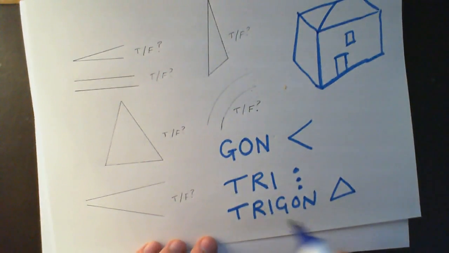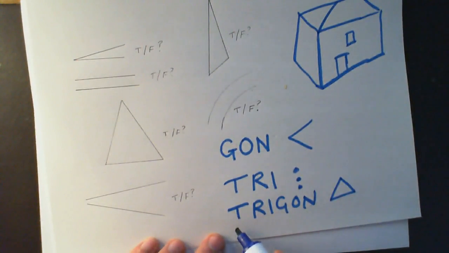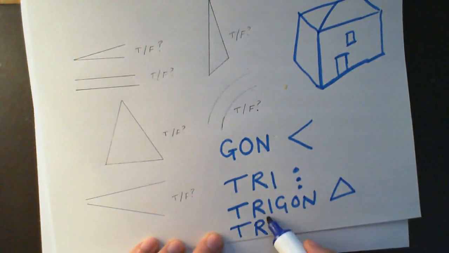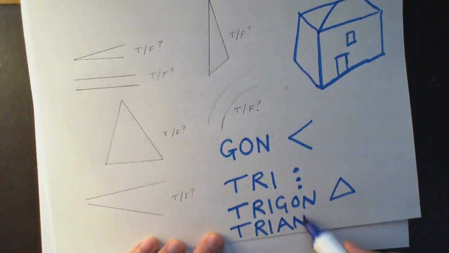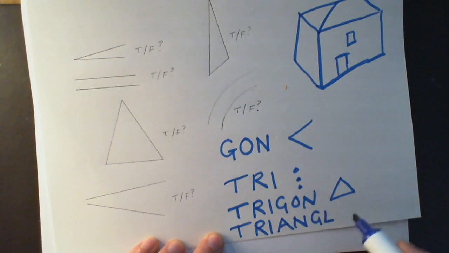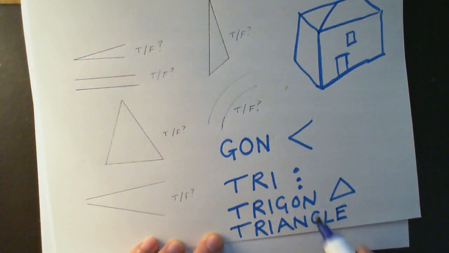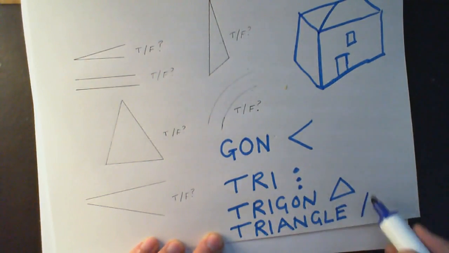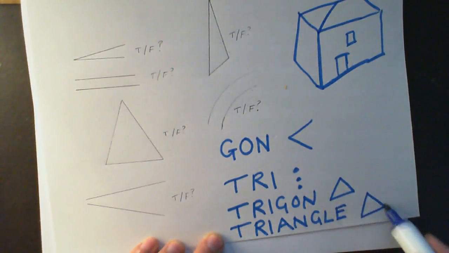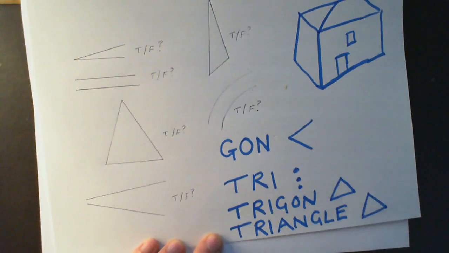And in Latin, this is the Greek word, trigon. In Latin, we call it a triangle, right? 3 angle. The word angle and gon are the same thing. This one is from the Latin, and this is the Greek. So they're exactly the same thing. Trigon, triangle.